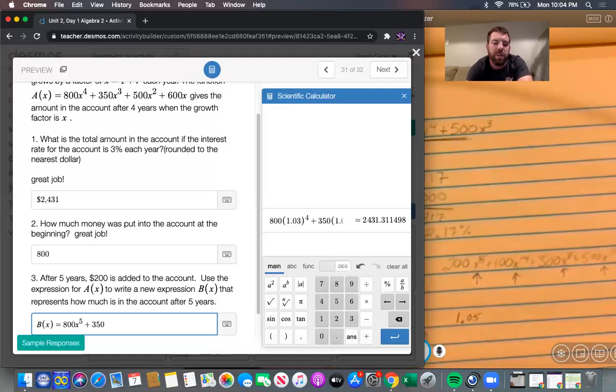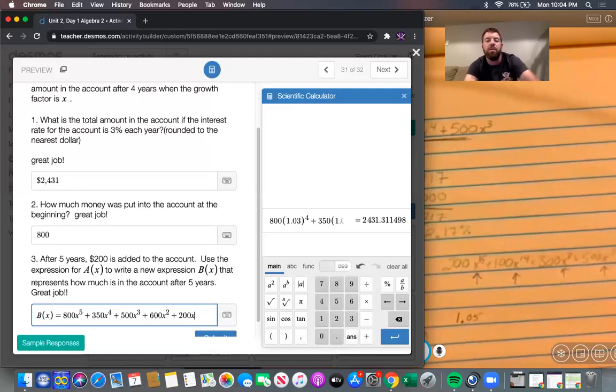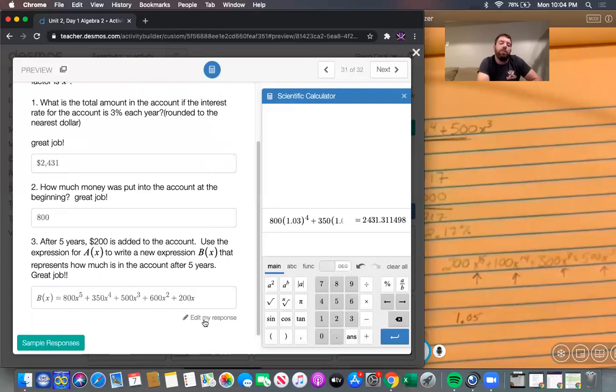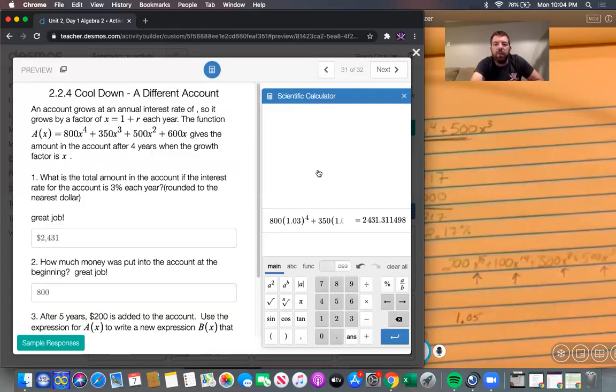Oh, shoot, forgot my X. X to the 4th plus 500 X squared. Oh, this is the 3 now. Sorry about that. Plus 600 X squared, and then plus the 200 that was just added to the account. Okay, and so there we go.